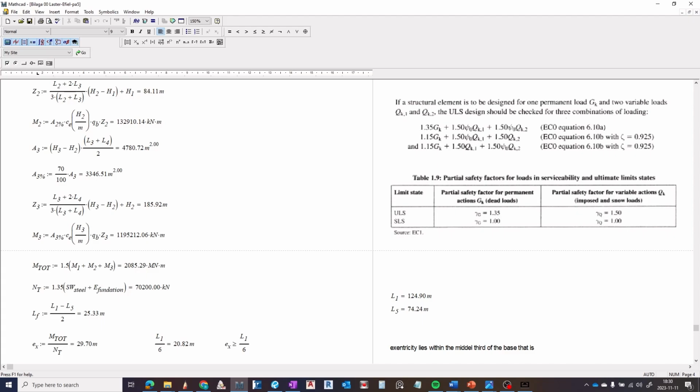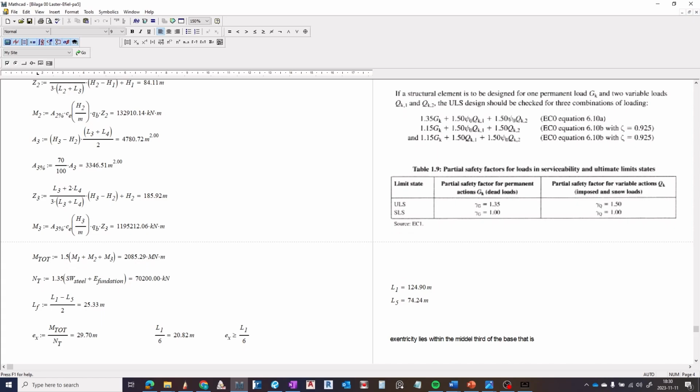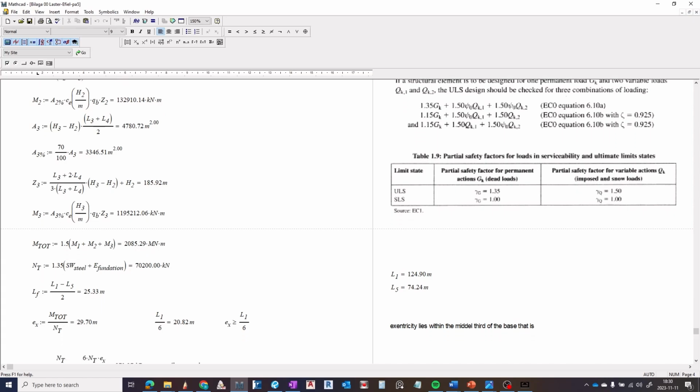We have 1,195,212.06 kilonewtons per meter. So the total moment is the sum of the 3 moments for partial forces.